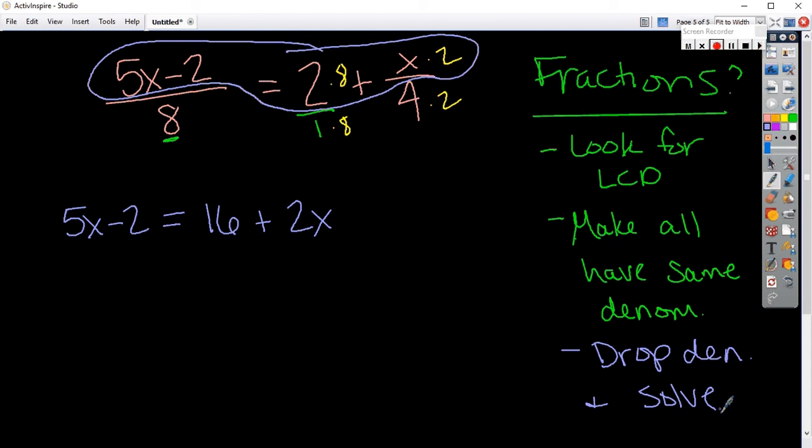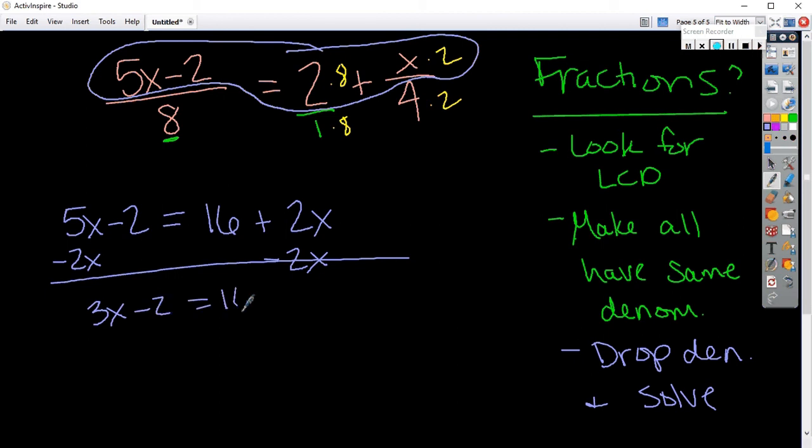Absolutely. Now it's an easy solve, right? What should I do first? Minus the 2x. So now I have 3x minus 2 equals 16. And what now? Plus 2. And then what? That's right, just divide it.